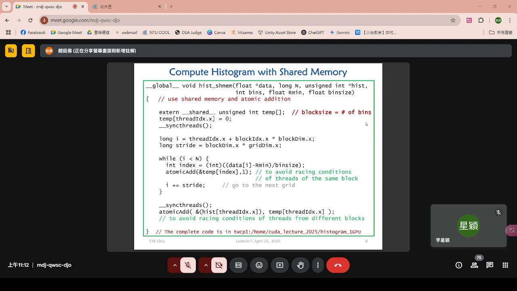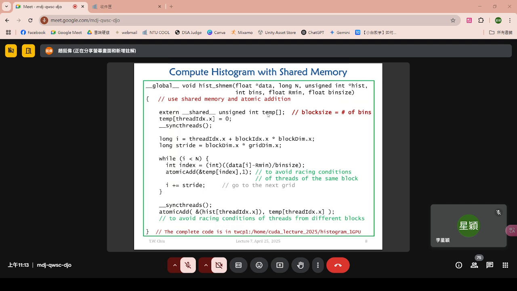But first, let's use shared memory instead of global memory, and then you will see it is much faster. For the shared memory, in the main code I can allocate the size of this shared memory for each block.